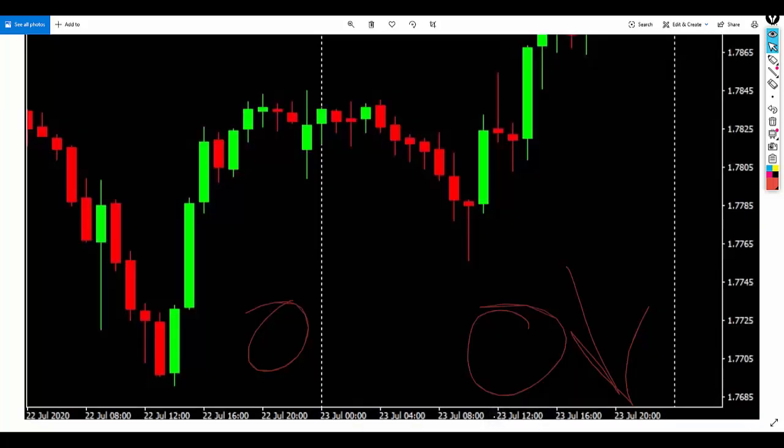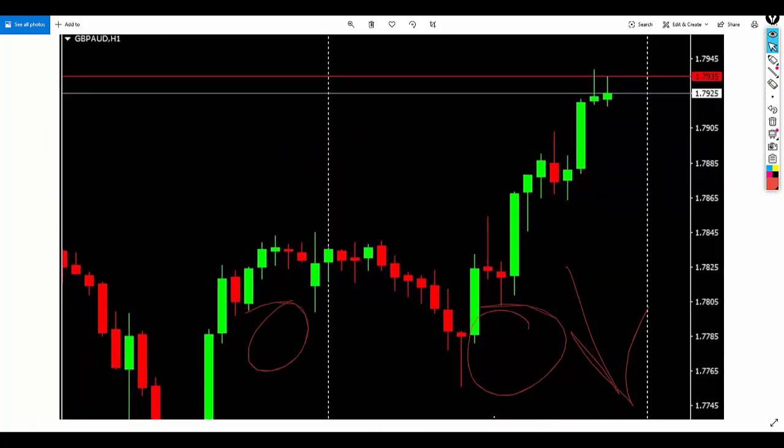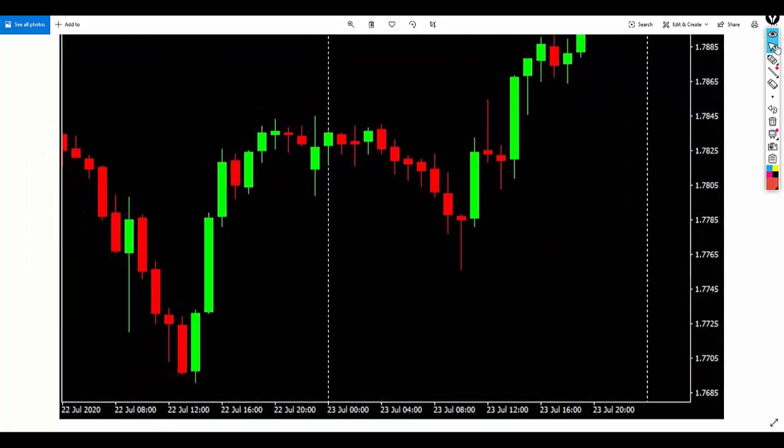And you can see that the chart is giving us selling direction. You can see the market is going short between that time.